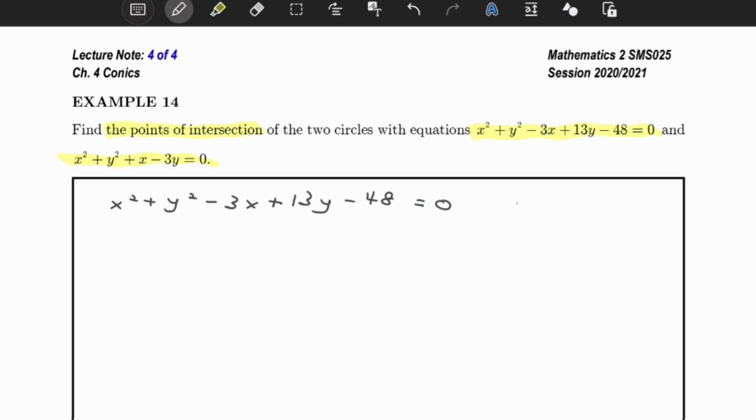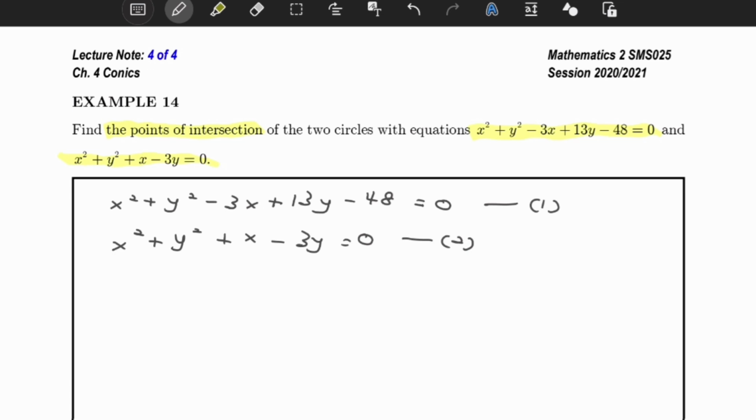We name it equation 1. And the second equation, x squared plus y squared plus x minus 3y equal to 0.